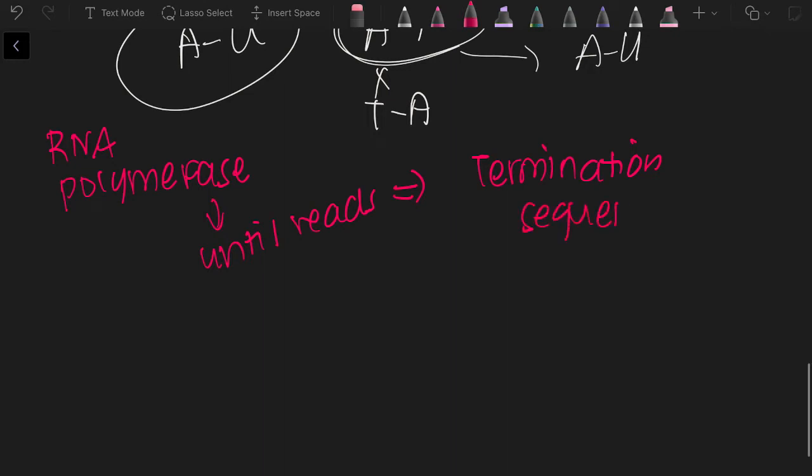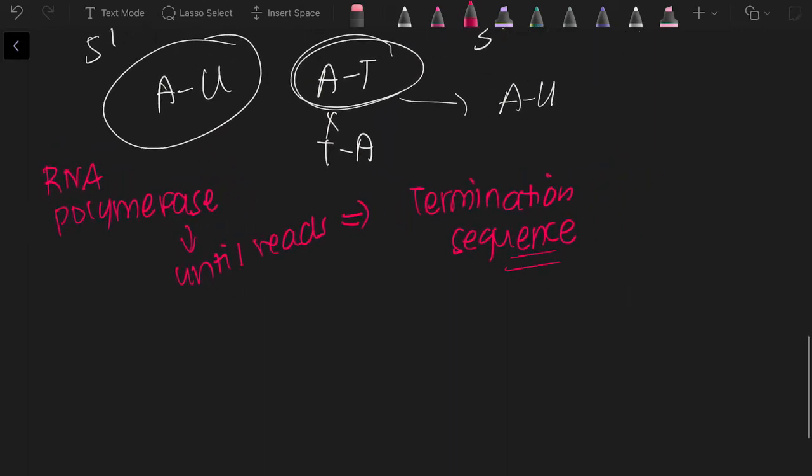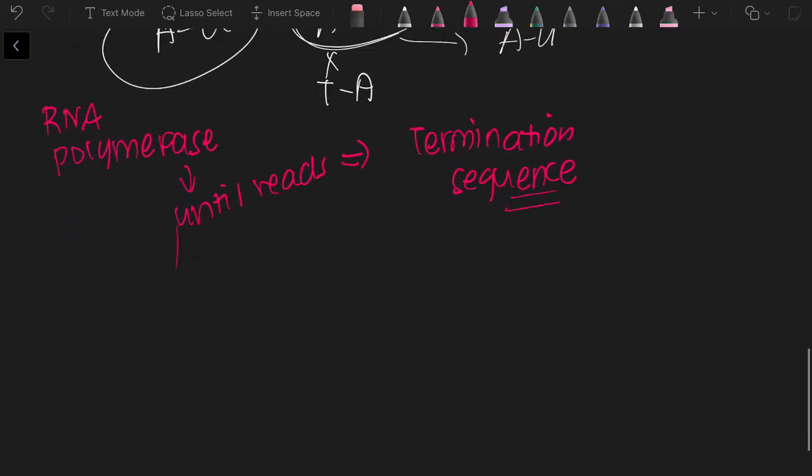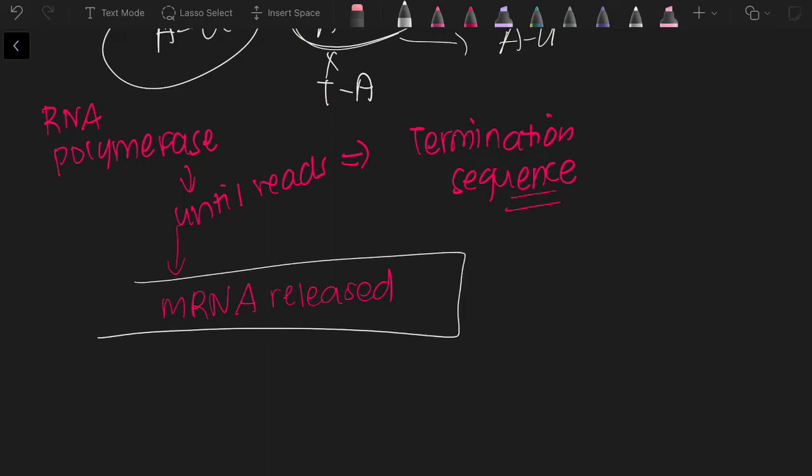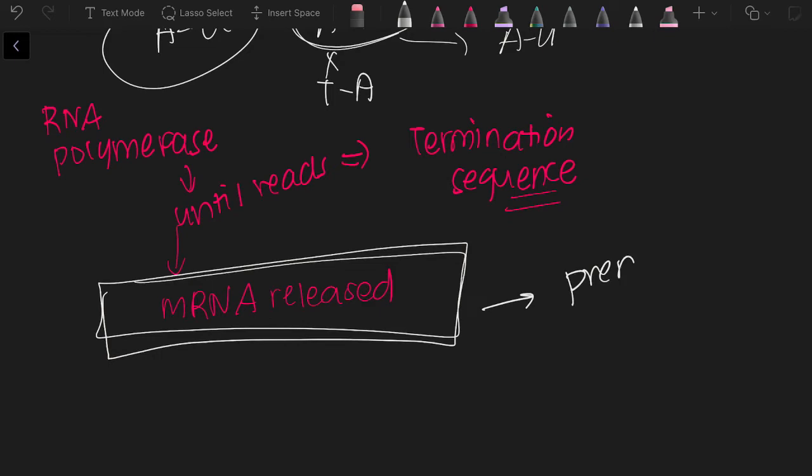That signals for the RNA polymerase to stop combining the free nucleotides together based on complementary base pairing, and to stop the process of transcription. So once it reads the termination sequence, the mRNA strand is now released. So this was your entire process of transcription. One very important thing to remember is that once the mRNA gets released, it is called a pre-mRNA molecule.